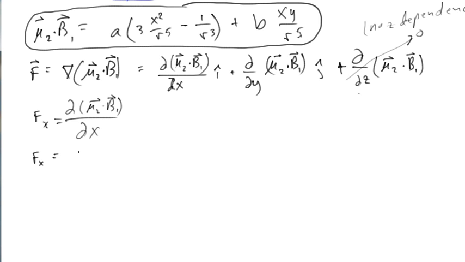It's the derivative with respect to x of this whole thing up here. I'll write it as a times 3x squared r to the minus 5th minus r to the minus 3rd, plus bxy r to the minus 5th.